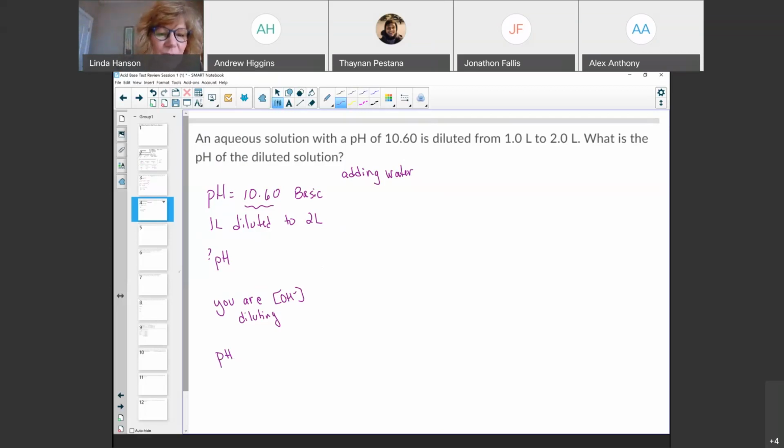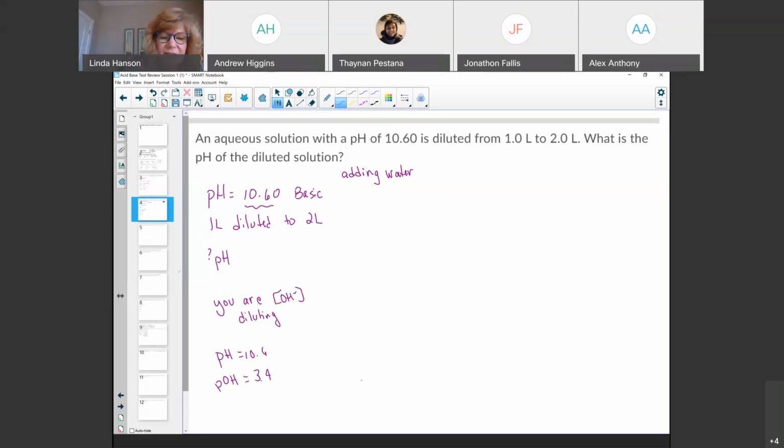So if pH is 10.6, the pOH is really what I'm diluting. And I'm just going to say that's 14 minus 10.6, which is 3.4.